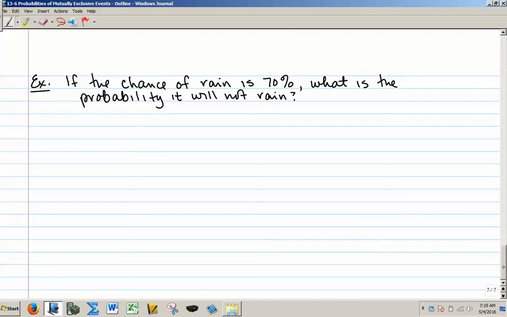And here's a very basic example. If the chance of rain is 70%, what is the probability that it will not rain? Basically that's going to be 1 minus 0.7, which is 0.3, which is 30%. Or you could do 100% minus 70% for 30%. So the probability of something not happening is 1 minus the probability of it happening.